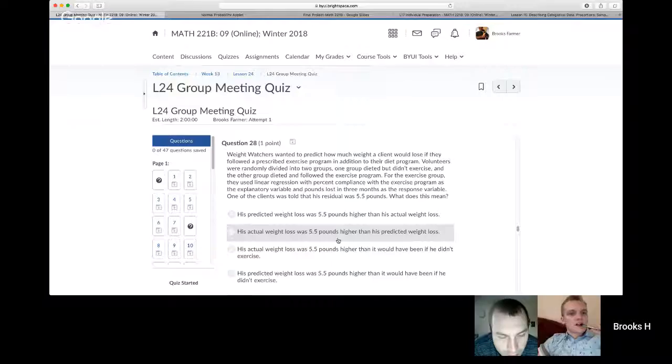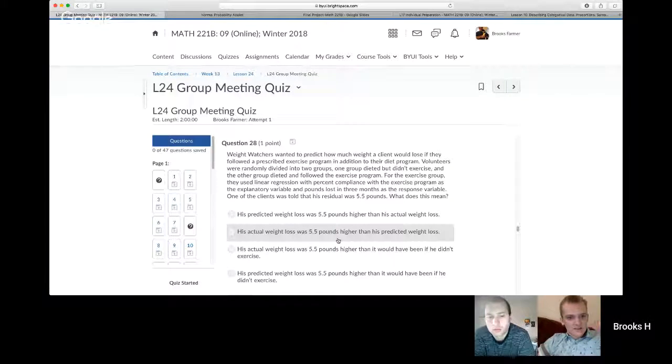The residual for an observation is defined as the difference between the observed value of y and the value that would have been predicted by the regression line equation. So it's y minus y hat. So his residual is 5 pounds. So his was 5 pounds more. Yeah. I think it's B. Yeah, it's B.